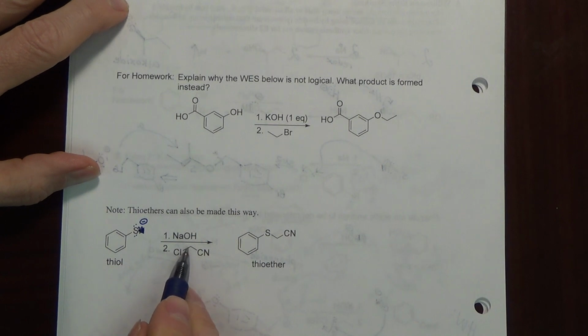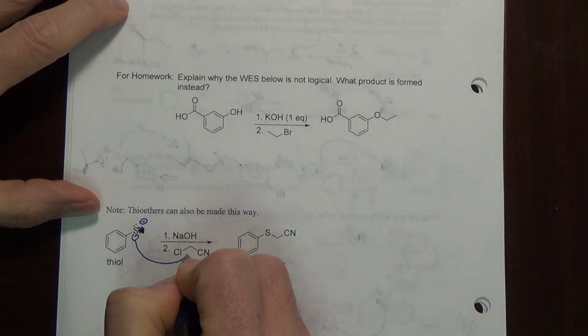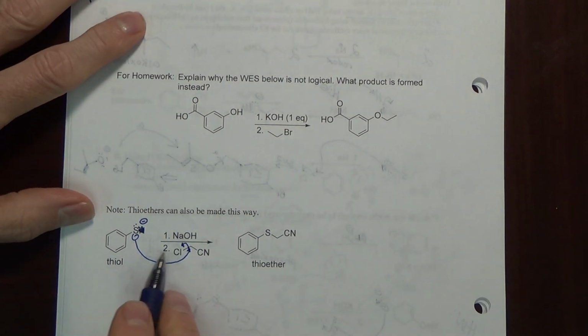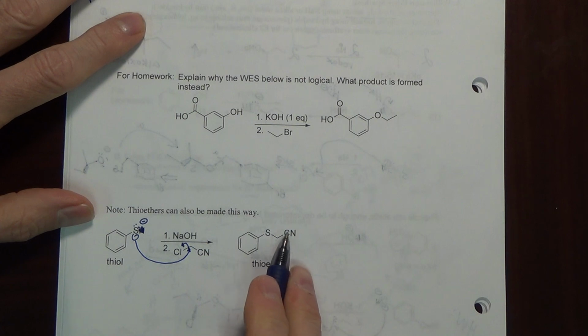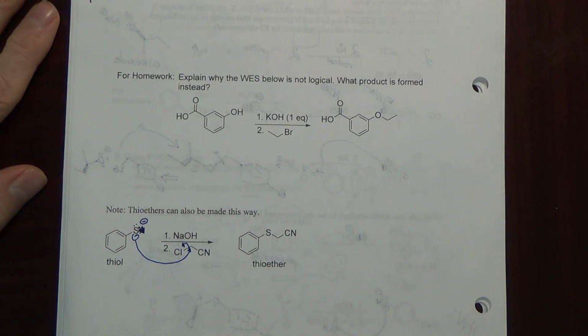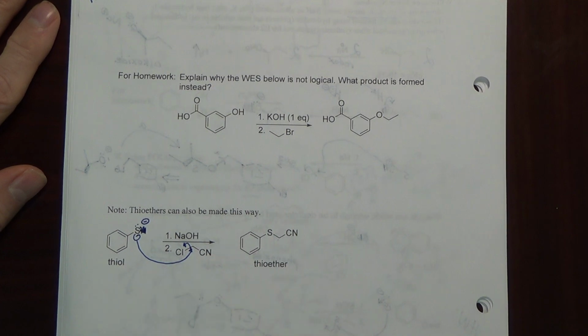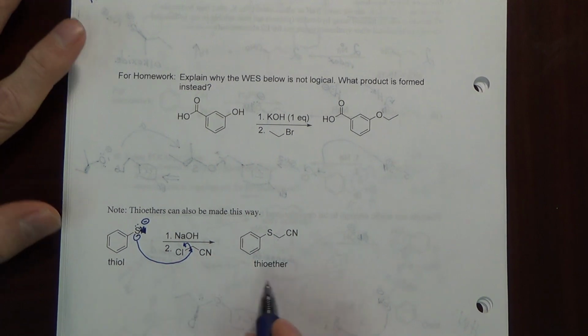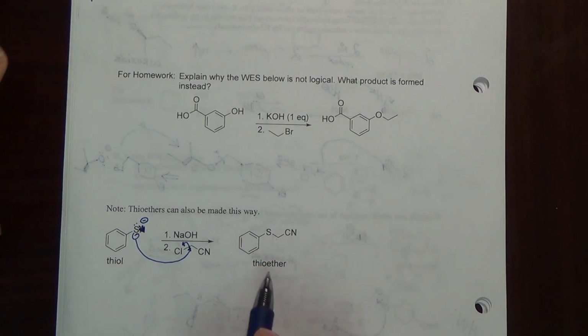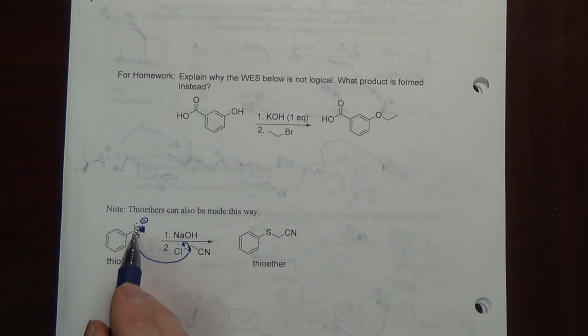Now we come in with a carbon with a leaving group. These electrons attack and kick off the chlorine here. Sulfur is now bonded to the CH2, and it's got a cyano group. The cyano group is not the leaving group; the chlorine is. And we made a thioether, which is also called a sulfide.